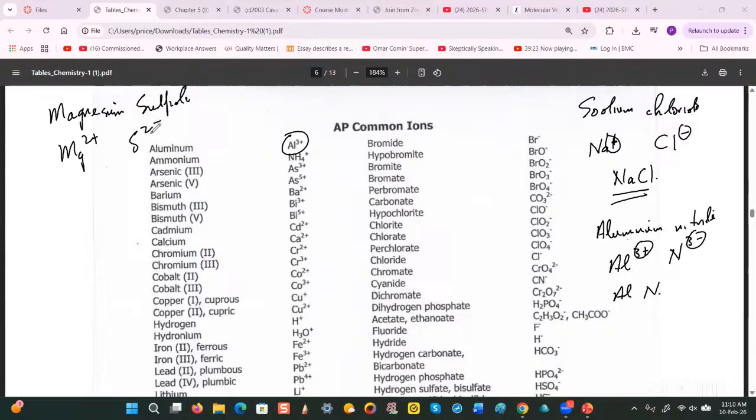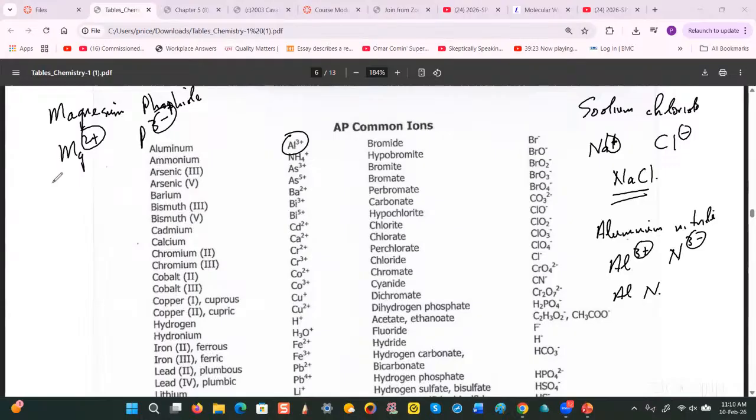Oh no, that's a poor example. I'm sorry, it's not magnesium sulfide. Let me use phosphide instead of sulfide. Phosphide. I'm sorry about that. So if you look up the charge for the phosphide ion, you see that it's 3 minus, right? So obviously the charges are not equal in terms of magnitude, right?